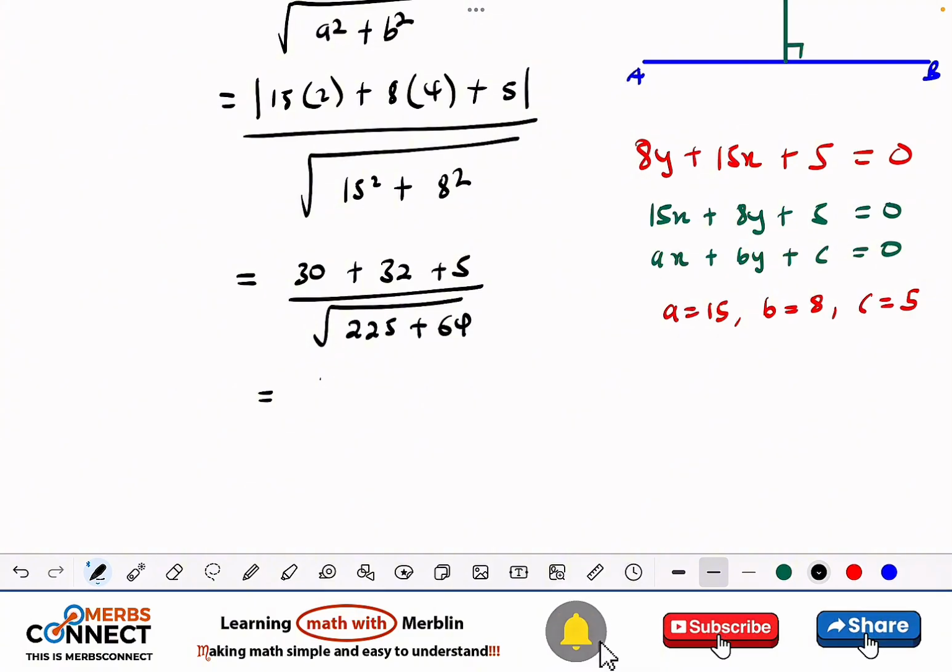So we are going to have 67 divided by root of, when I add this, I'm going to have 289. Good. And the square root of that should be 17, I think so.